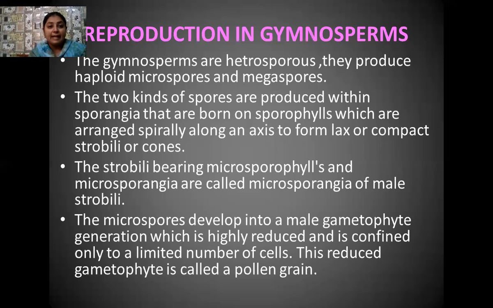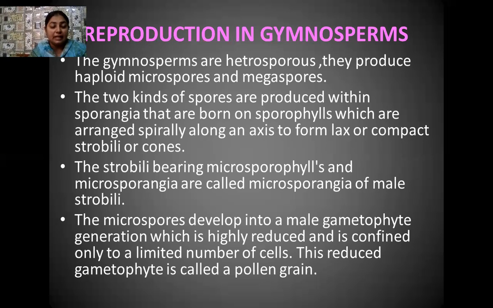Okay, student, as I have used the term heterosporous, this means two types of spores are formed. When you see the sporophyte of the gymnosperm, it is visible in the form of a tree. It has true roots, a true stem, and true leaves. And here the leaves are also of two types, and variations are seen in leaves according to their size.